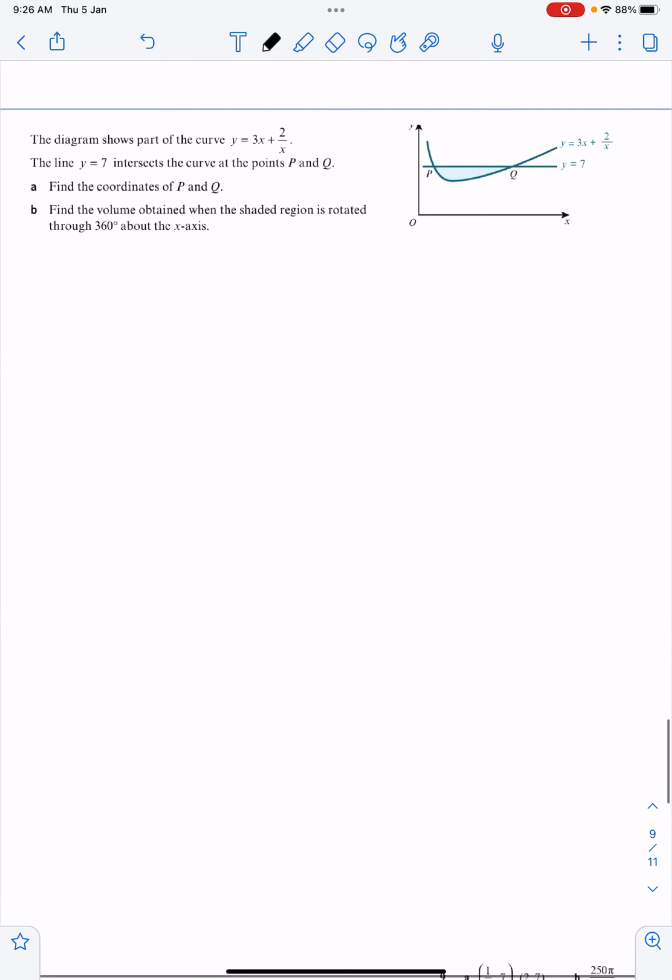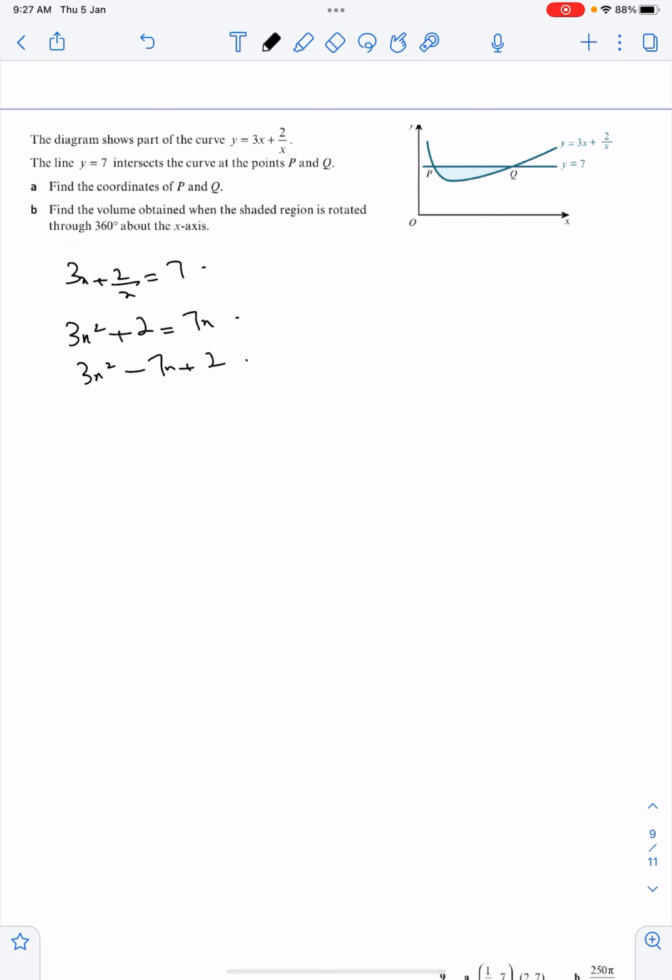Okay, so I'm going to write 3x plus 2 upon x equals 7. In order to solve this, I will multiply every single term by x to get rid of the x in the denominator. So I will get 3x squared plus 2 equals 7x. Taking all the terms to one side, I will get 3x squared minus 6x minus x plus 2.